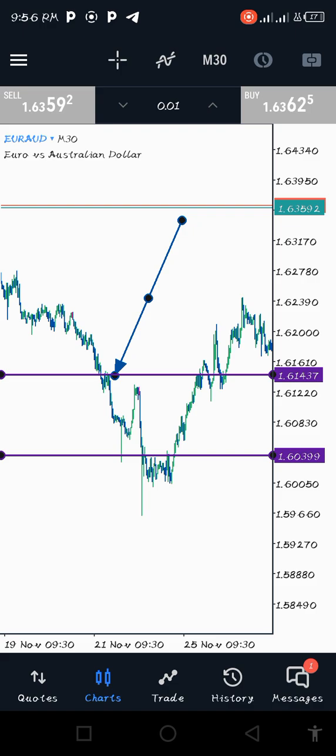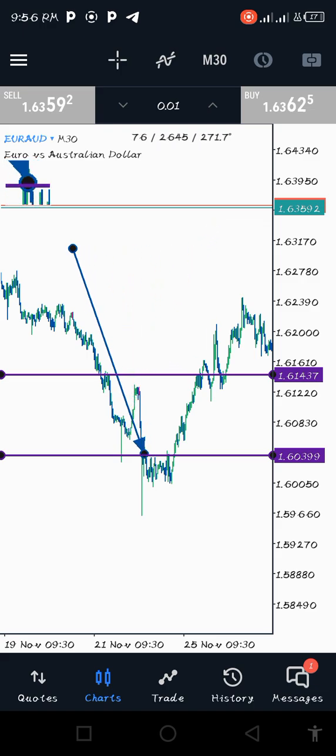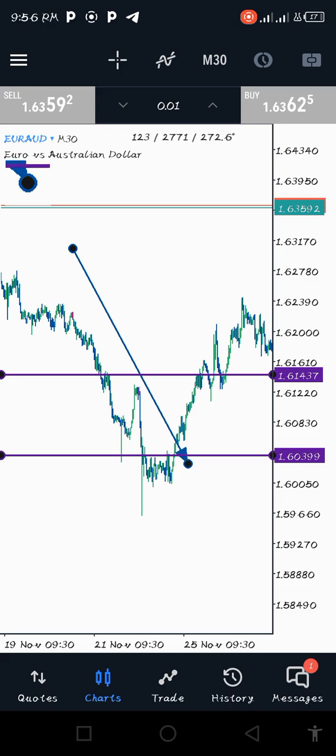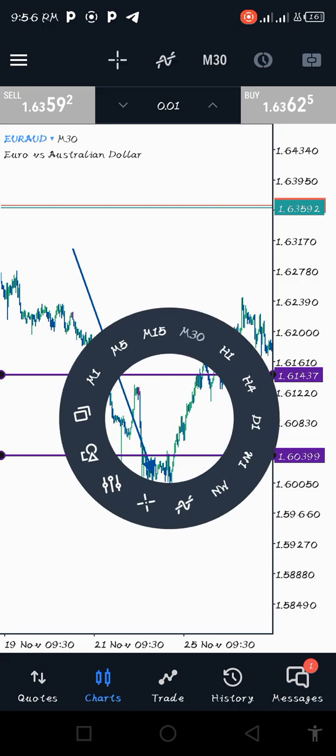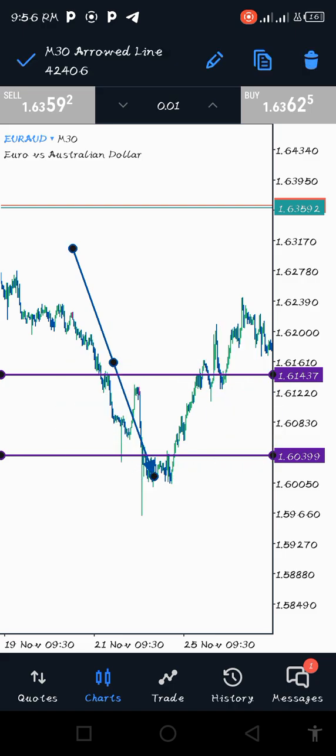But if we could have been more patient and wait for price to interact with this zone and give us a change in character like this. This was the last, let me delete this.